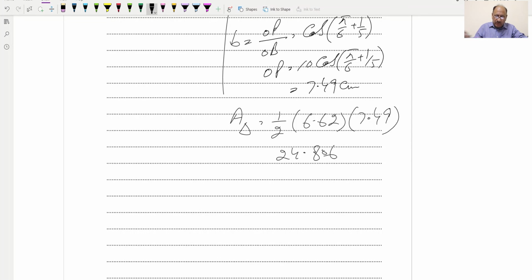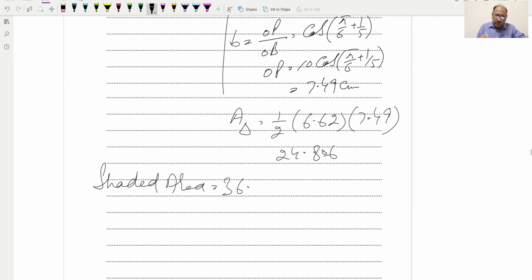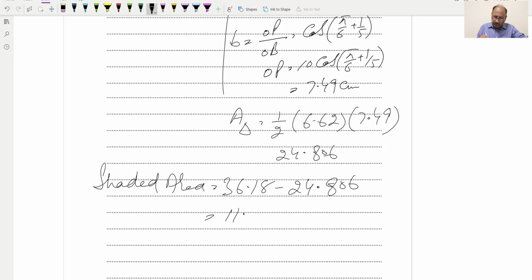Now we can find the shaded area, which will be equal to the total area, 36.18, minus 24.806, and this will be equal to 11.373, or 11.37, or we can write it as 11.4.